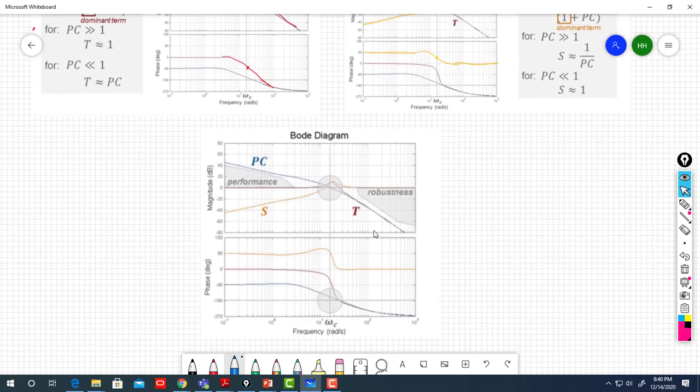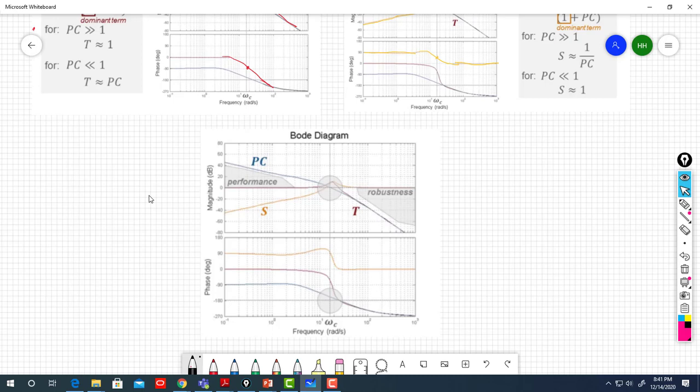So here in this figure, we are putting the sensitivity and transmissibility or complementary sensitivity Bode diagram on the same plot, in addition to the open loop Bode diagram. And we know that in order to have good tracking and good disturbance rejection, we need to have a DC gain above 0 decibel.